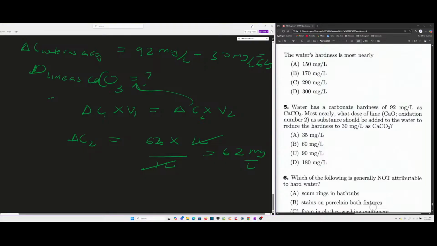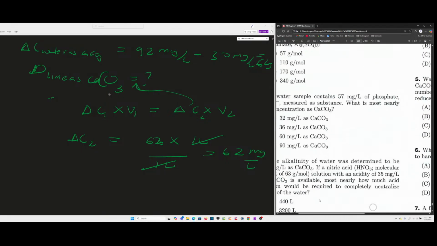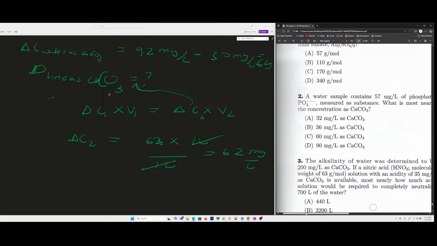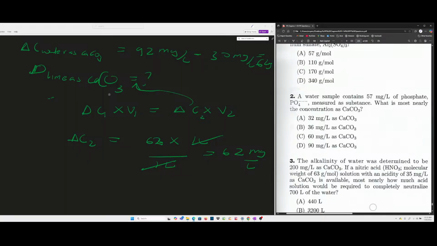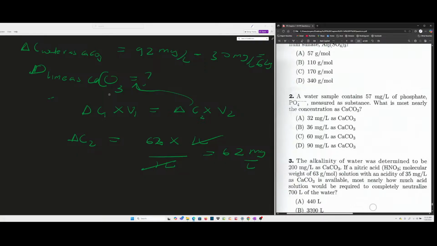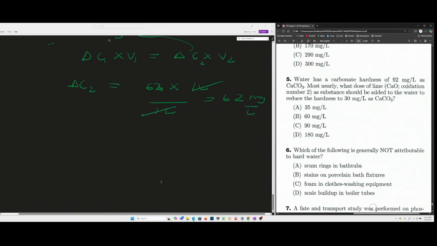We found the dosage of CaCO3. Now we have to know it for the substance CaO. That's when we're going to use the equivalent weight, because we're dealing with two substances.